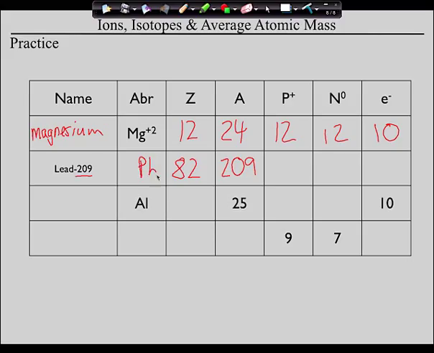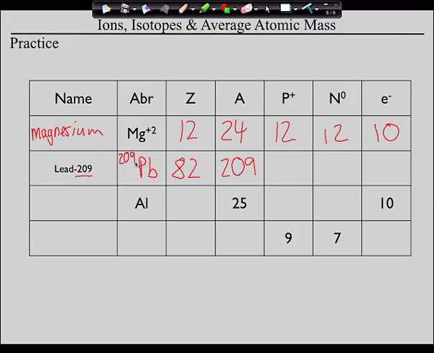Guys, don't miss this. First of all, lead. It's abbreviated Pb. That's for the Latin. But guys, notice that it's big P, little b. It's got to be big P, little b. So when you do your abbreviations, the first letter is capitalized. The second letter, if there is one, is lowercase. Then, guys, you got to do this.